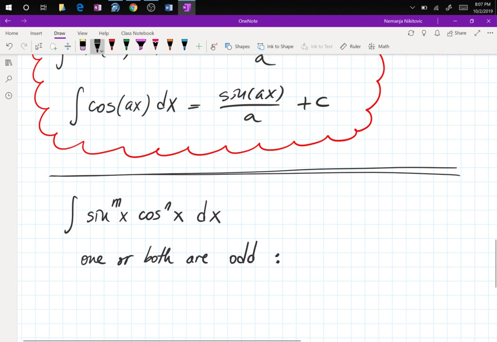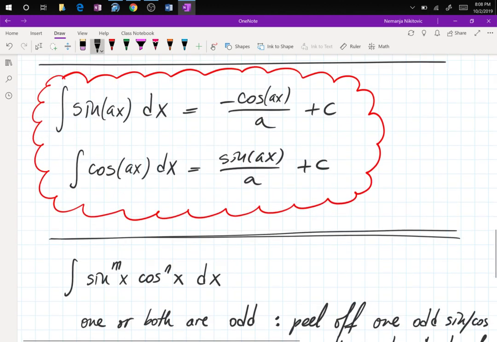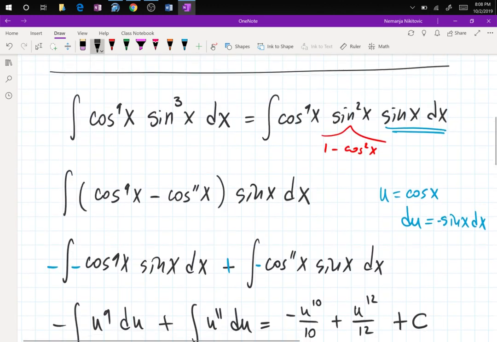The method is to peel off one odd sine or cosine, and from there on, use Pythagorean identities to transfer the rest. It's a procedure that we used for the first example.